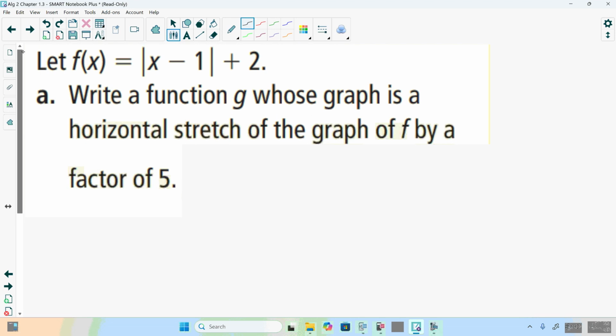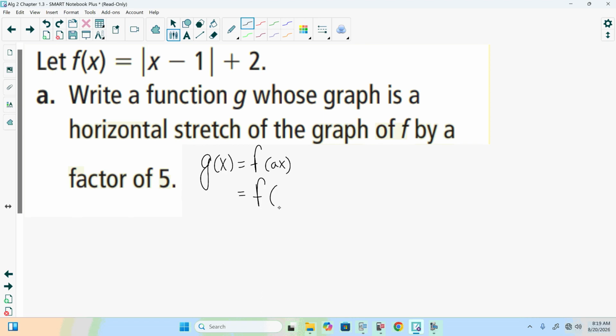Let's do one more horizontal. Write a function g whose graph is a horizontal stretch of the graph of f by a factor of 5. General form, f of a times x. Now, a is told to be 5, yes? Are we doing horizontal or vertical?